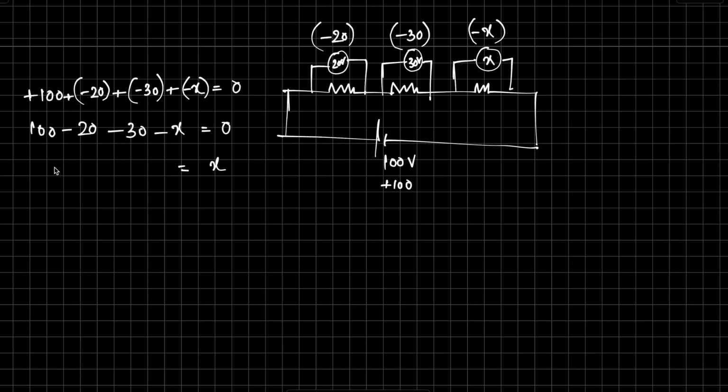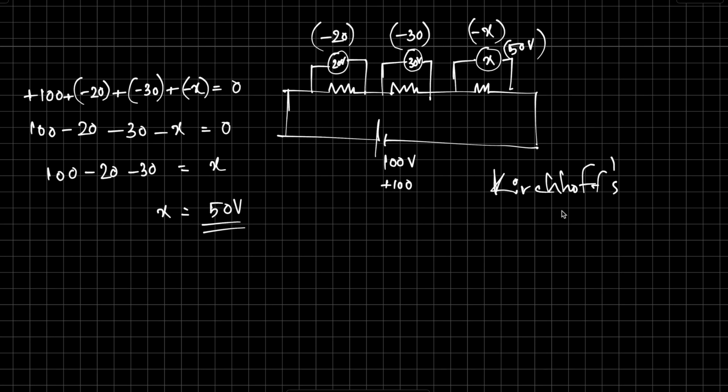X equals 100 minus 20 minus 30, that is 50 volts. The voltage drop across the third resistor would be 50 volts. Makes sense, right? The battery is providing 100 volts, 20 volts is getting dropped across the first resistor, 30 volts across the second resistor, and the remaining 50 volts across the third resistor. So this is called Kirchhoff's voltage rule, also known as the loop rule.